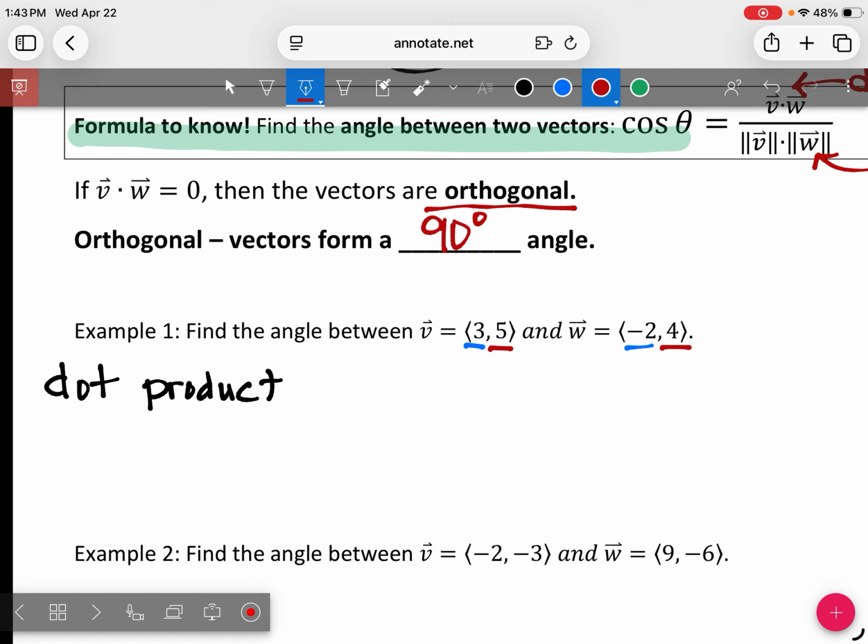So that's the first step. Go ahead and find that number. Which is the exact same one that we just did. So that would be 3 times negative 2 plus 5 times 4, which is 14. So put that to the side.